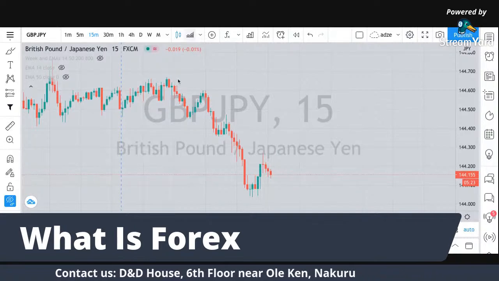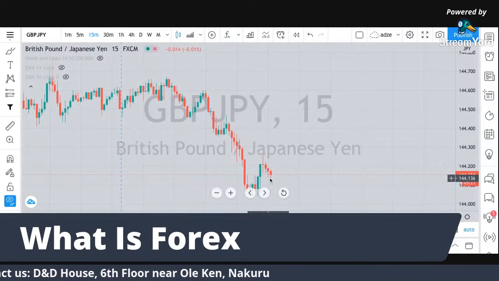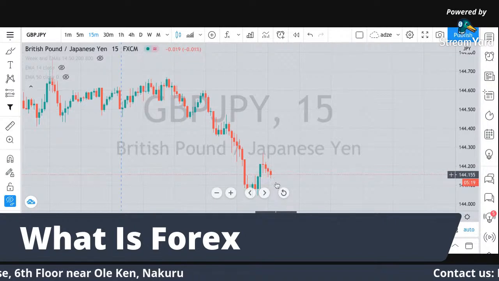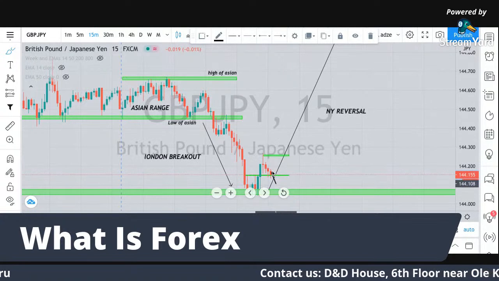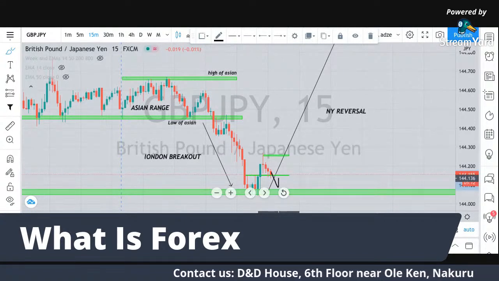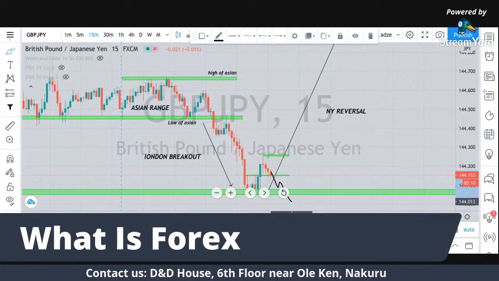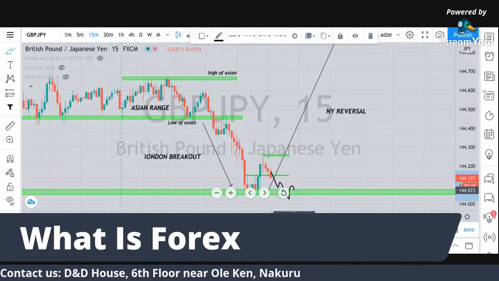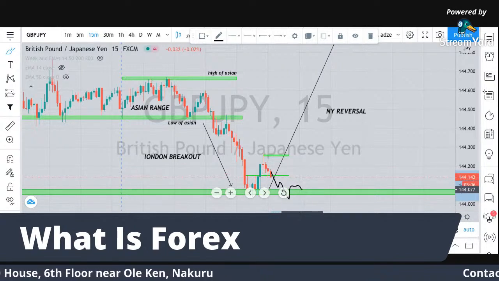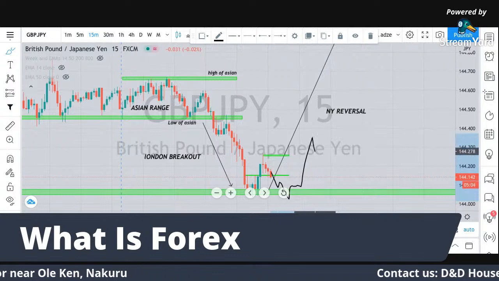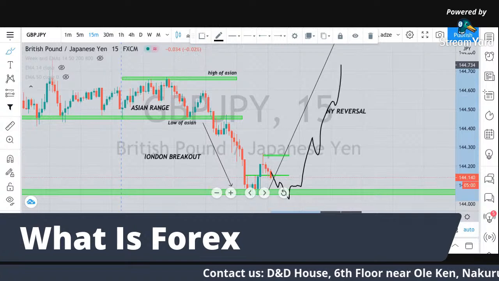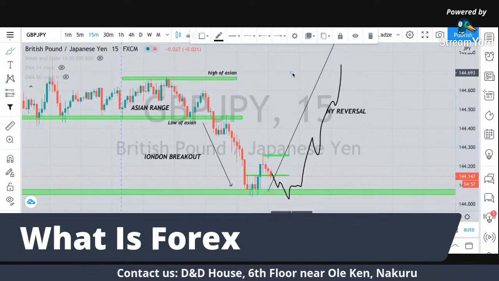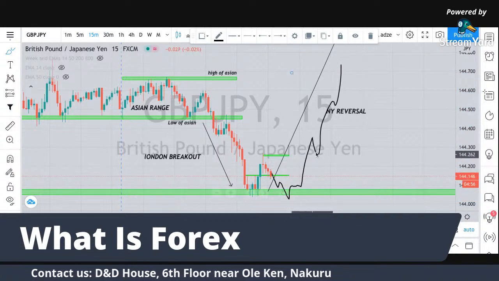Price is being rejected at this particular zone, the same zone, the same high. So we could see either these, then these, then these, then these. That's what we could see.